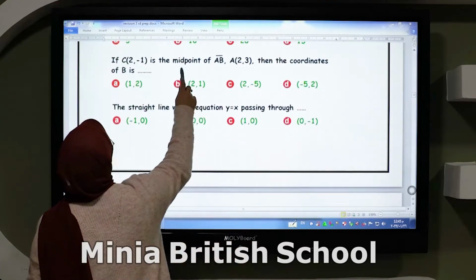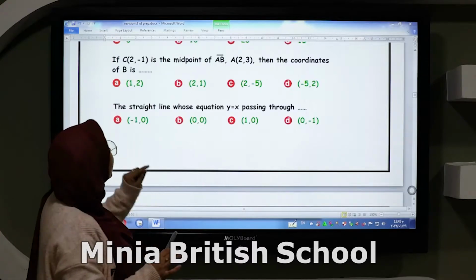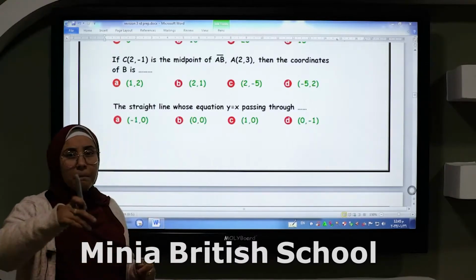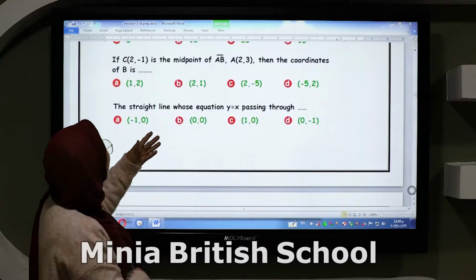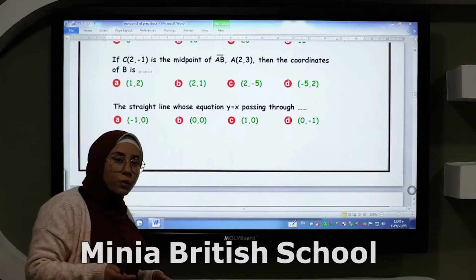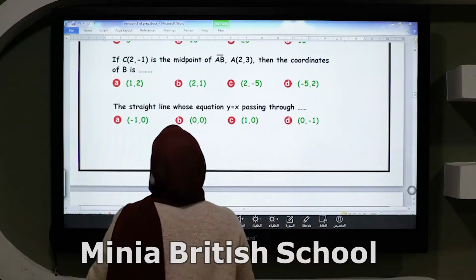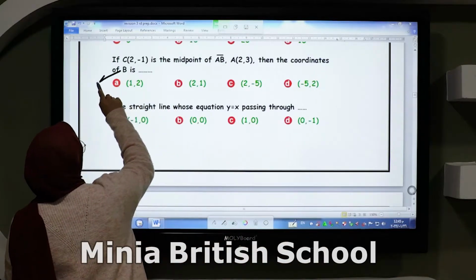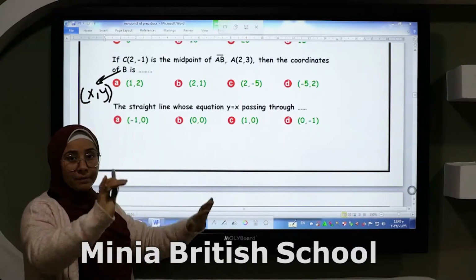Next one: C (2, -1) is the midpoint of AB, A equals (3, ...). Then the coordinates of B equal what? You can say B is (X, Y), and C is the midpoint.